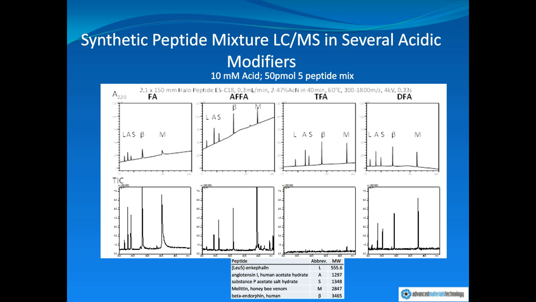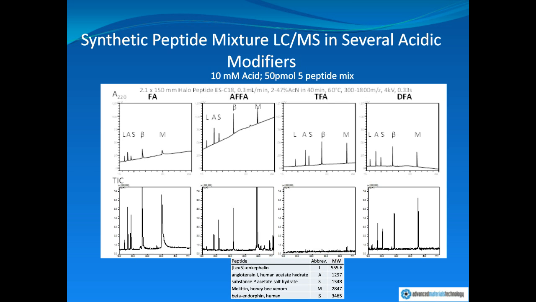We found that, as everybody else has observed, formic acid is the best pick in terms of use in mass spectrometry for ionization, for giving a useful signal. And trifluoroacetic acid has a very strong tendency to ion pair with basic side chains on peptides and to inhibit the mass spectral signal.